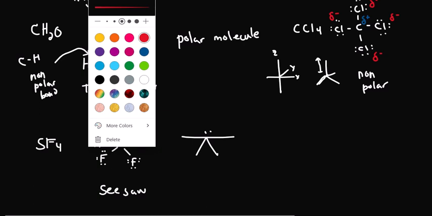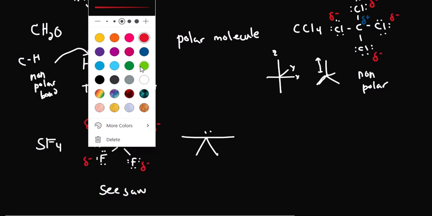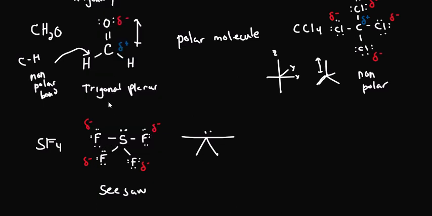Those fluorines are very electronegative. And my sulfur is positive. So if we sketch out our dipoles on this, and just because it's a little busy over there, I have 2 pointing down.